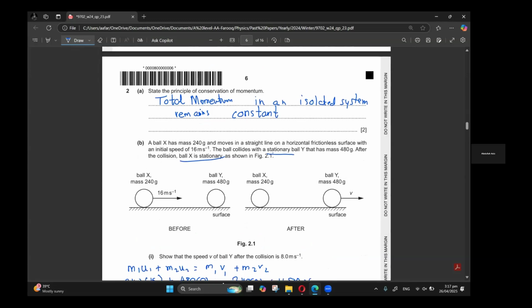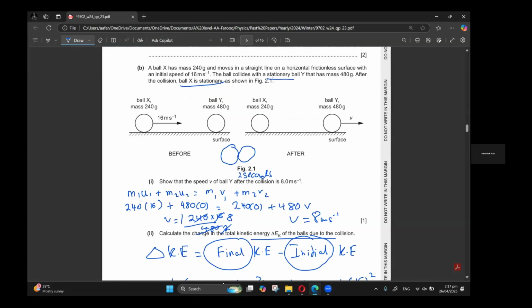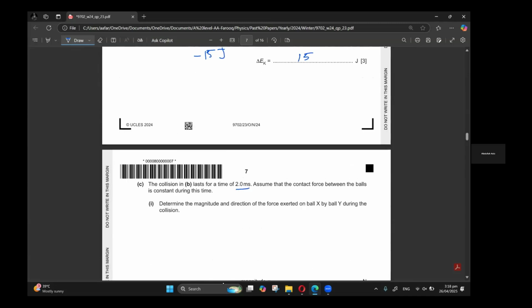The collision lasts for a time of 2 milliseconds. They are in contact for this time. Assume that the contact force between the balls is constant during this time. Determine the magnitude and direction of the force exerted on ball X by ball Y during the collision.